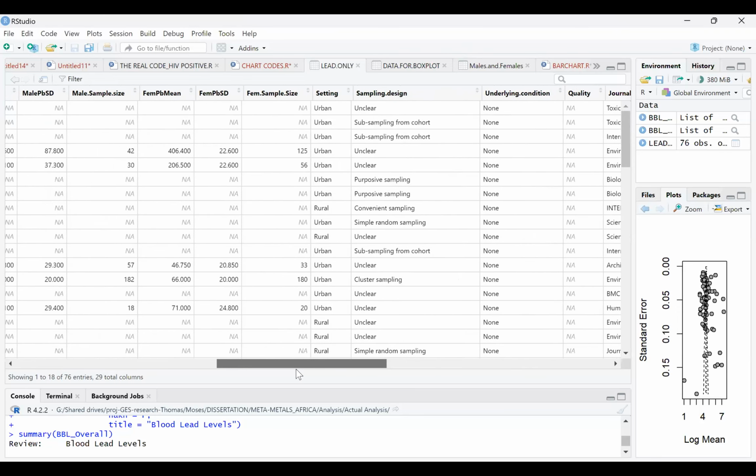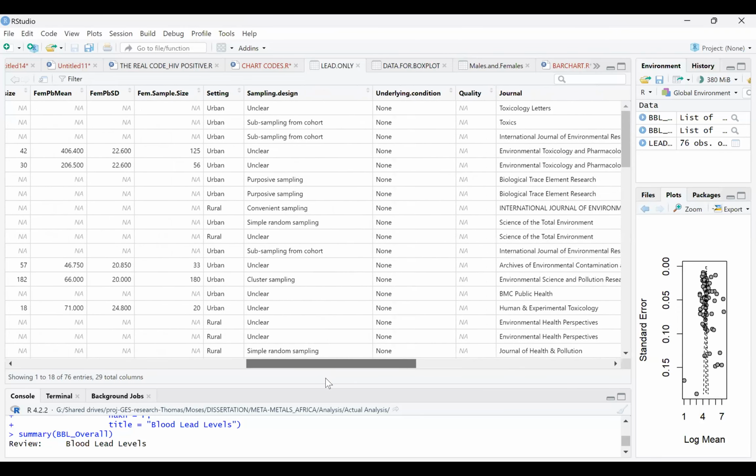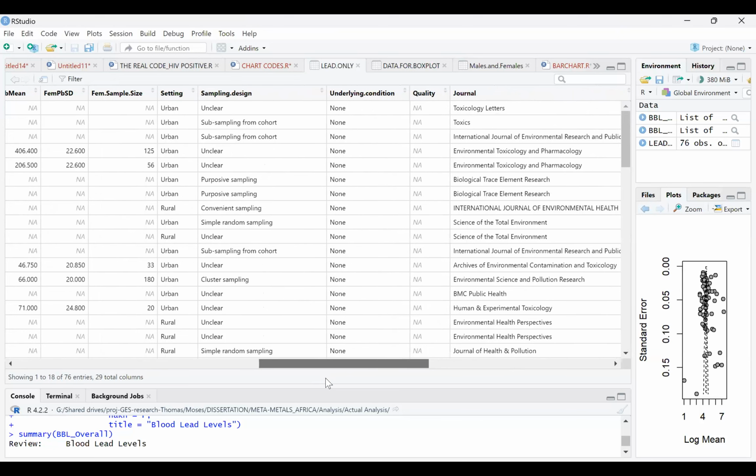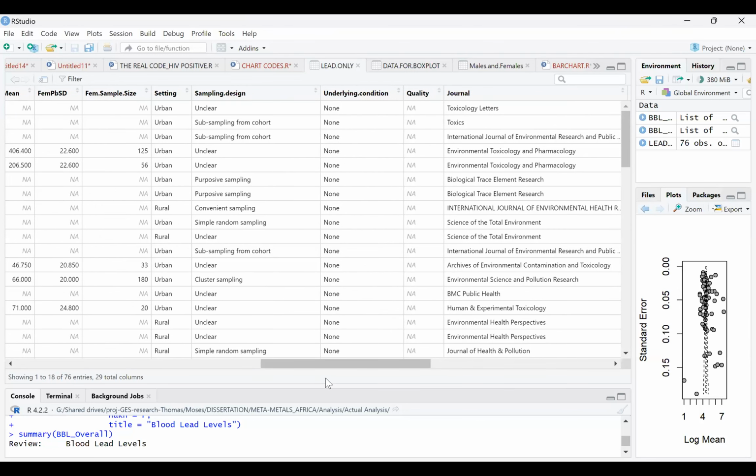We have other aspects of sampling design and health condition, whether the children included in the studies already had some underlying health condition or not, because sometimes it can also bias our studies.